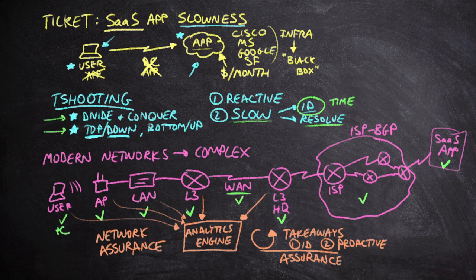So at this point, we might know there's a problem even before the user knows there's a problem. Maybe the users are just starting to log in for the day, and we identify that there's a problem with the wide area network because of all of the information and telemetry, is what we call this, that's being fed into the analytics engine.